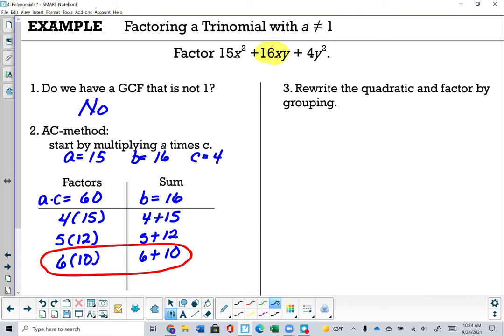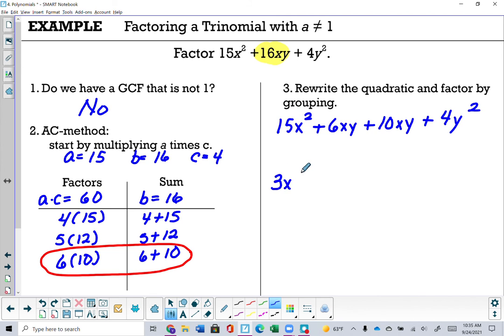So we're going to do 15x squared plus 6xy plus 10xy plus 4y squared. Okay, factor by grouping. The first two terms give me a group. My GCF is 3x.